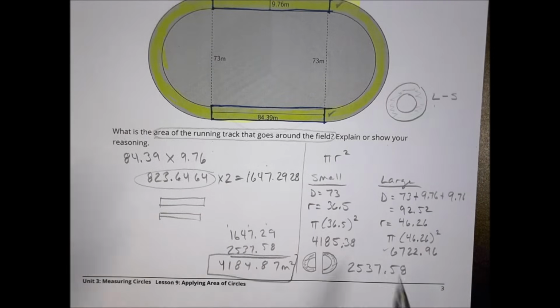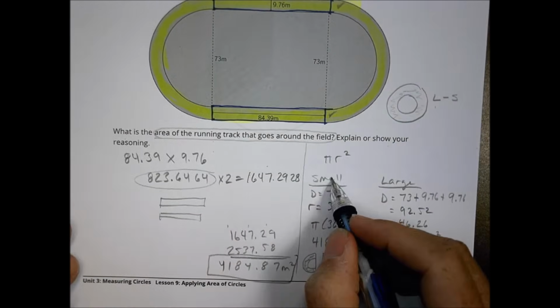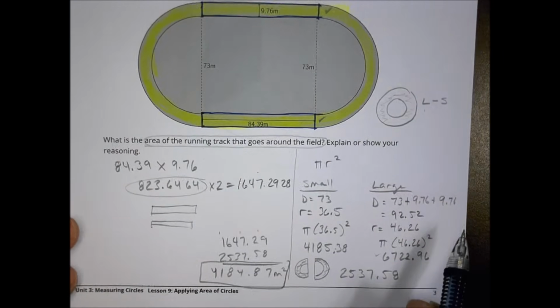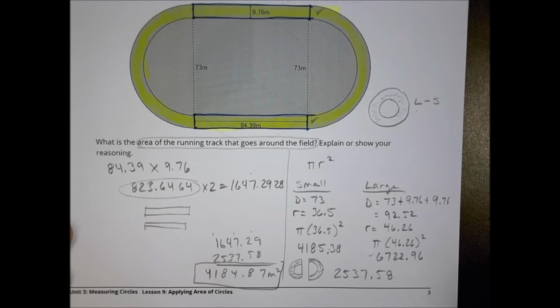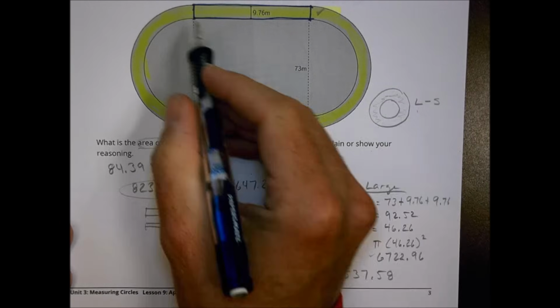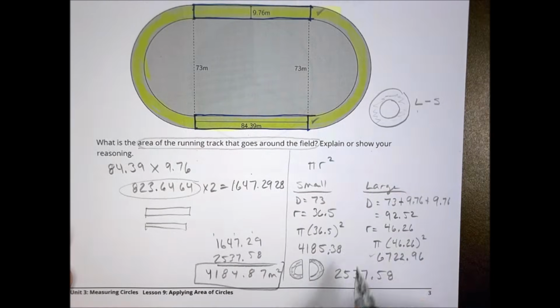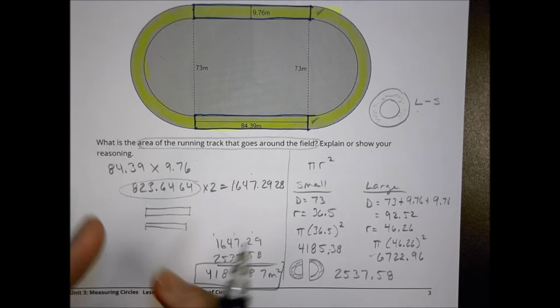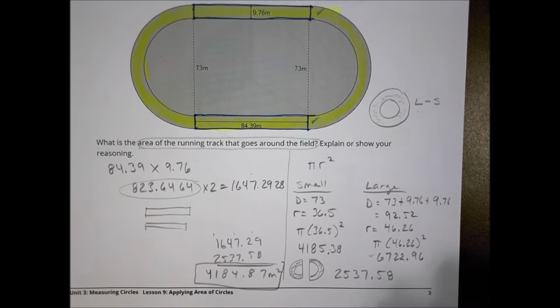A long problem with lots of steps, all of which you can do. You just really need to take your time to process and think through, what is it asking me to do? Draw some pictures, break it up into chunks to help you figure that out, and really take your time to work it out. What can be tricky sometimes is you might make a computational error, which I do all the time, and so it's good to go back and double check your work to see how you're doing and if you got that right.